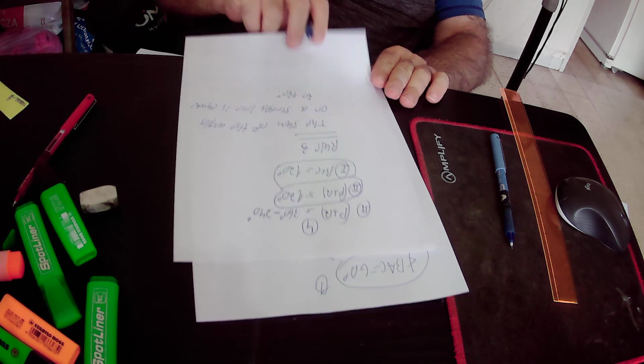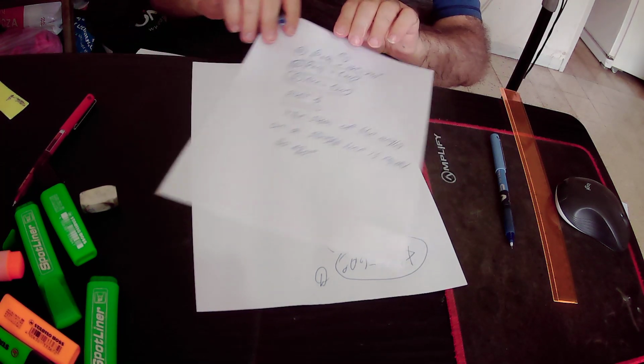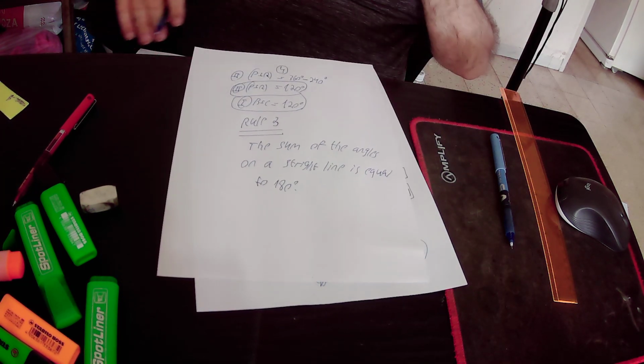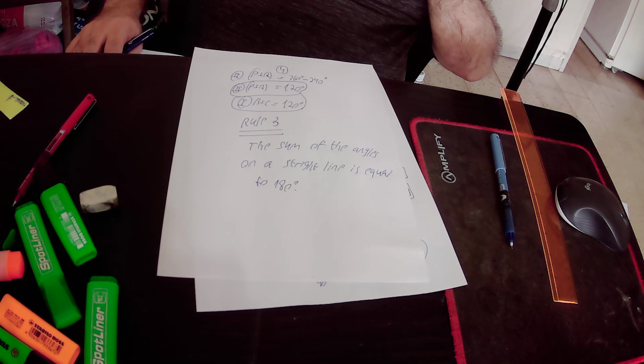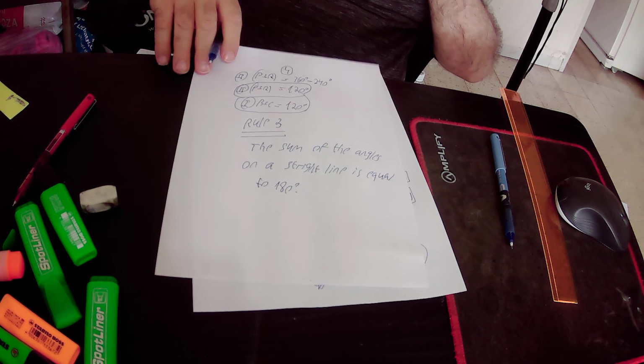So I will read rule number 3 again. Rule number 3 states that the sum of the angles on a straight line is equal to 180 degrees.